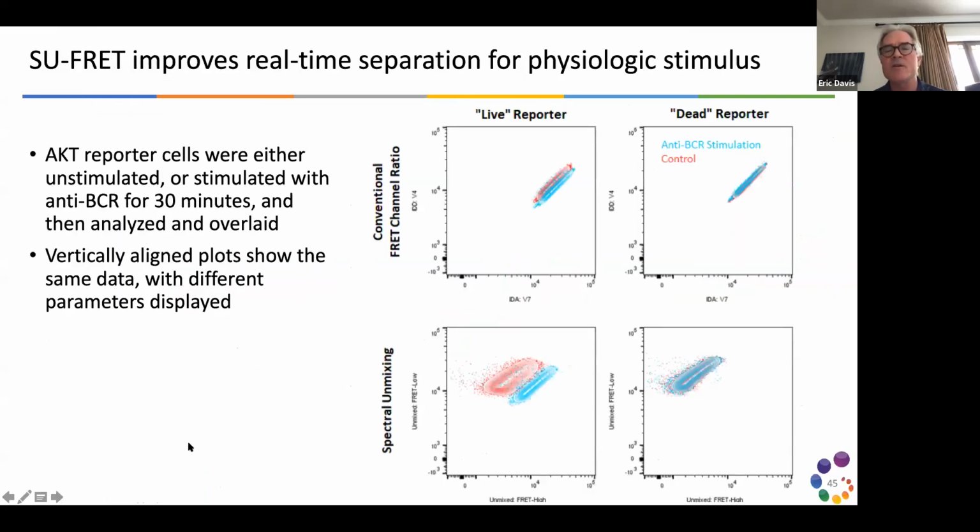Now that was using a sledgehammer, the forskolin agonist with the PKA reporter. If we use a somewhat more physiologic stimulus, which is an antibody to the B cell receptor and the AKT reporter, we still get very good separation. So this is all the same data, but presented in different ways.